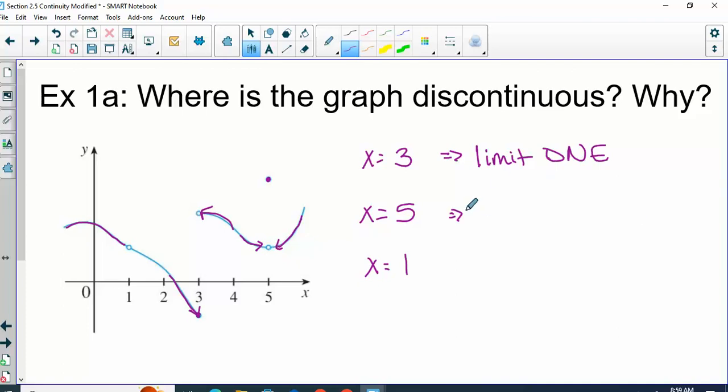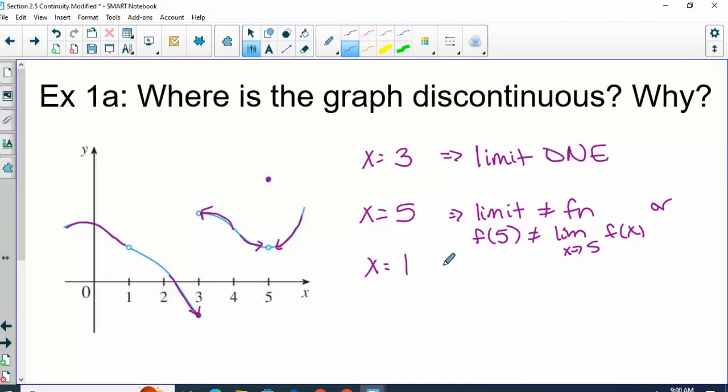No. So you could say the limit does not equal the function. You can give me actual notation, f of 5 is not the same as the limit as x approaches 5. I don't really care how precise you are in your explanation, you're just telling me one of the three rules. So it has a limit, the function exists, but those two are different numbers, so that's why it's not continuous.